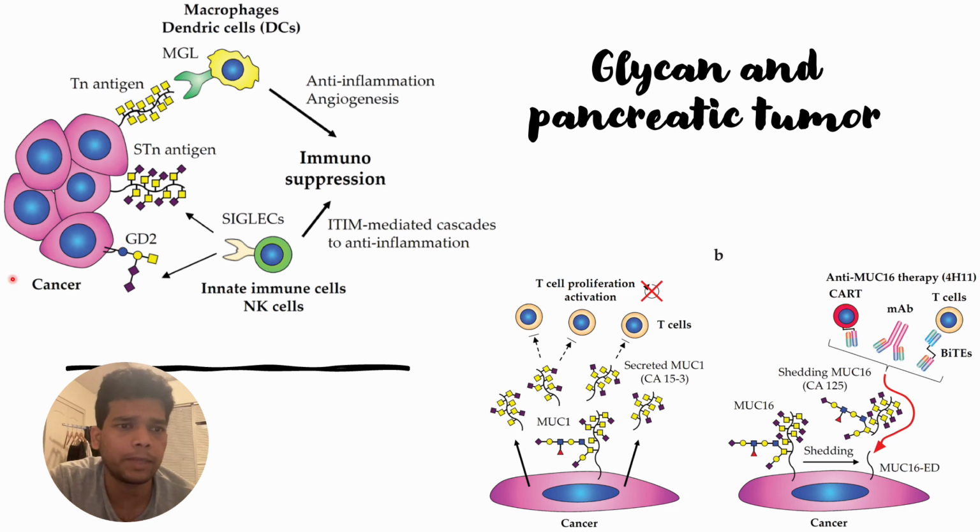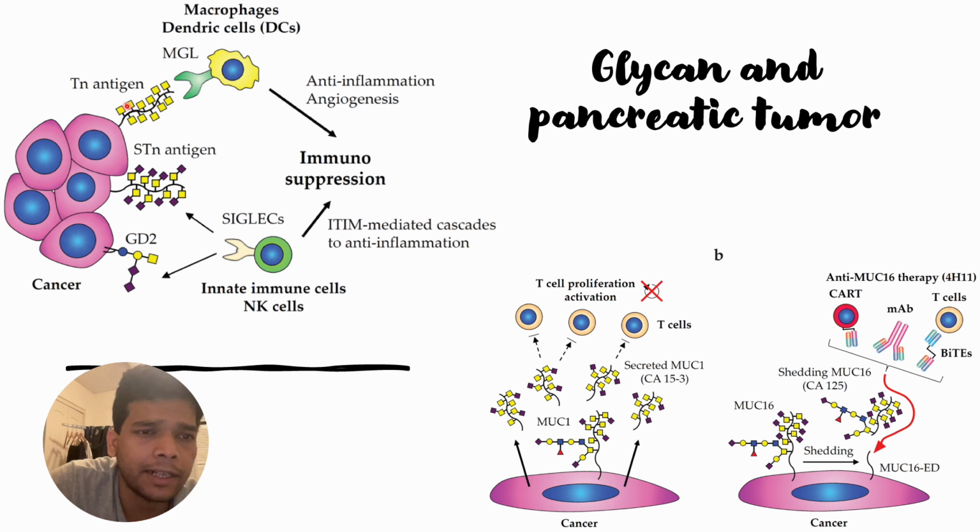This is an example of solid tumors on the top right-hand side, and we can see that there are several glycans that are only formed whenever there are mutations in the healthy cells that lead to this cancer-like phenotype.